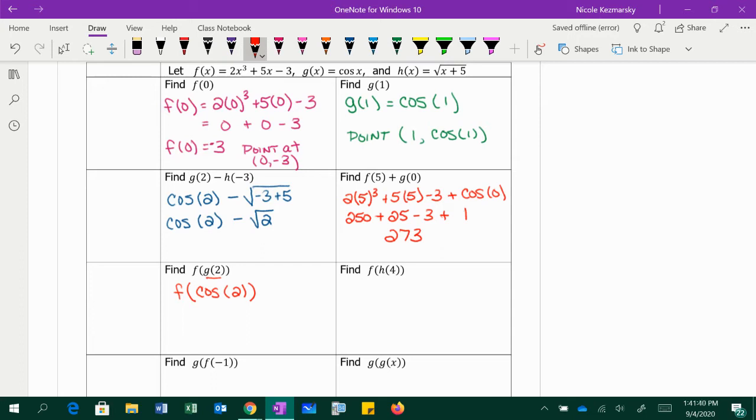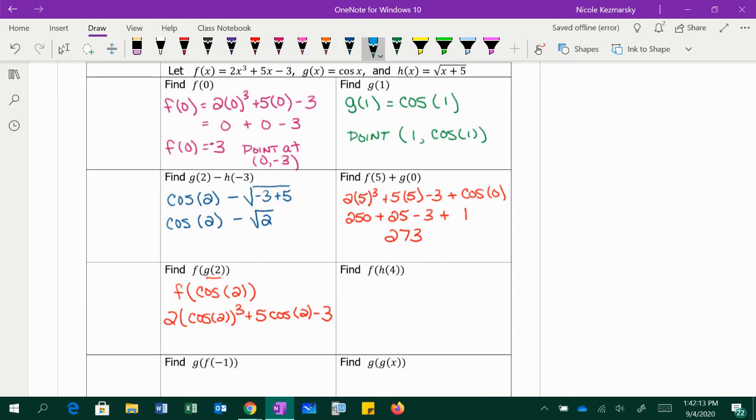I could, if I wanted to, plug cosine of 2 into a calculator and come up with a decimal value, but I'm more interested in keeping these values exact rather than rounding off a decimal. So that means f is going to be 2 times x, which in this case is cosine of 2, cubed, plus 5 times cosine of 2 minus 3. And that's as far as we'll take that one.